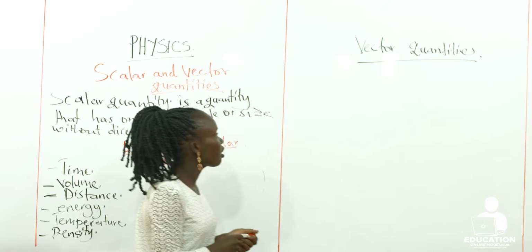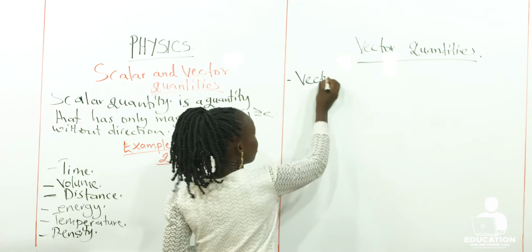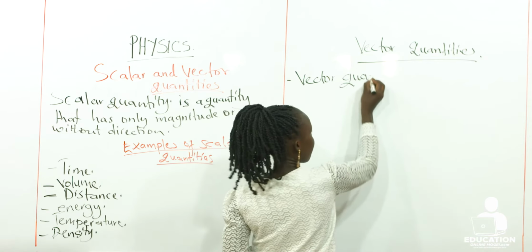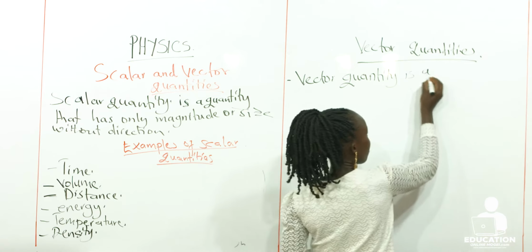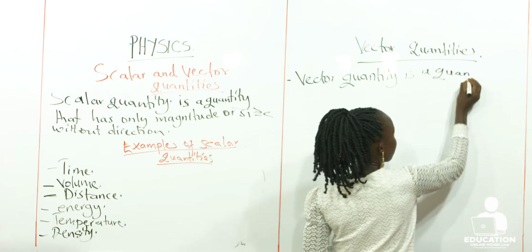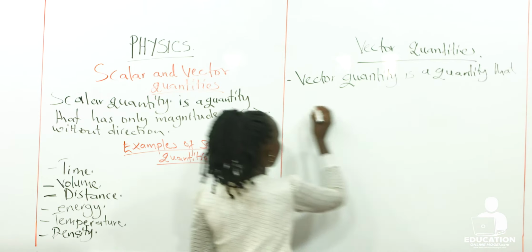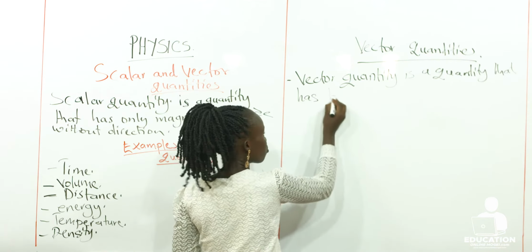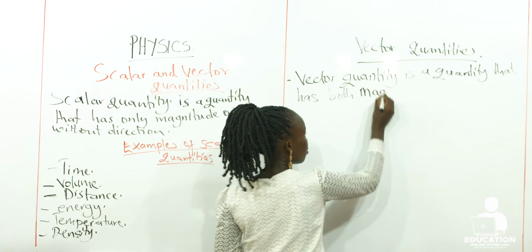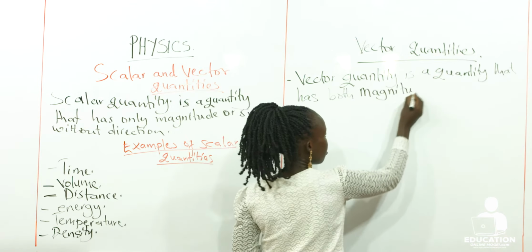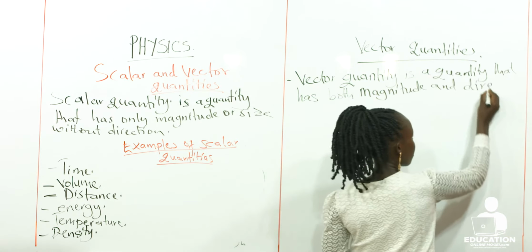So we can define a vector quantity as a quantity that has both magnitude and direction.